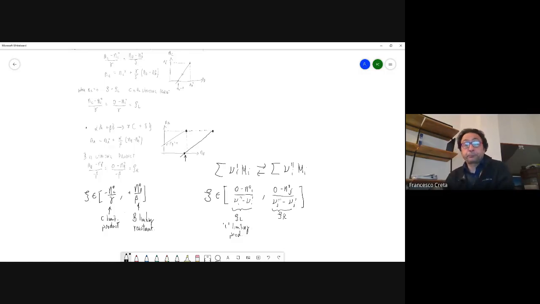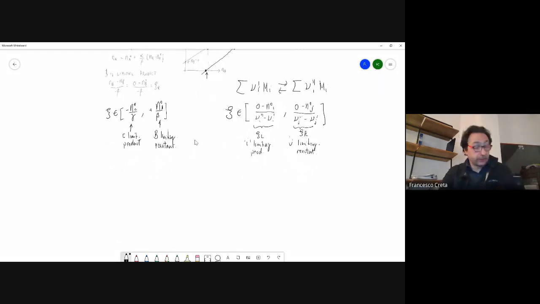And J is the limiting reactant. Well, I've spent too much time on this. It's a pretty straightforward concept.